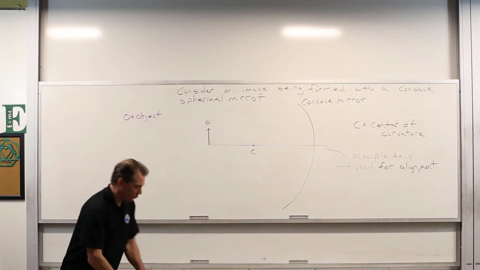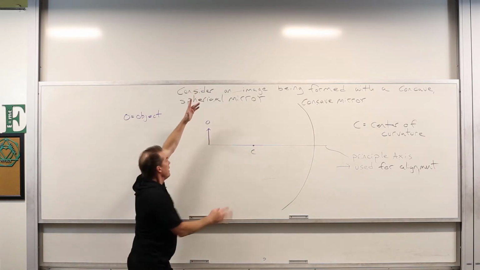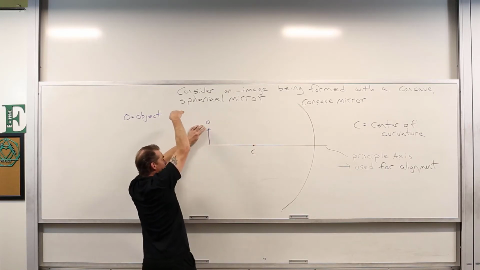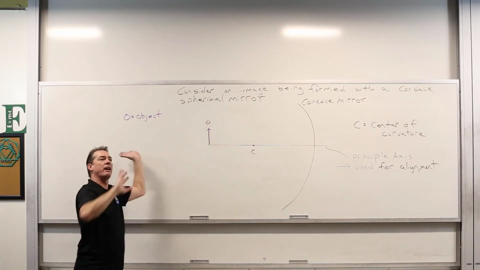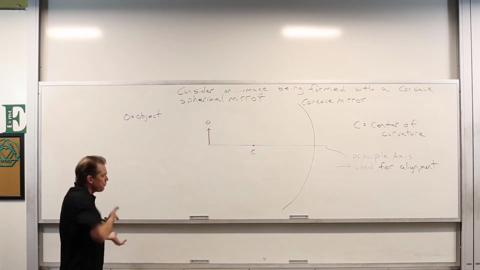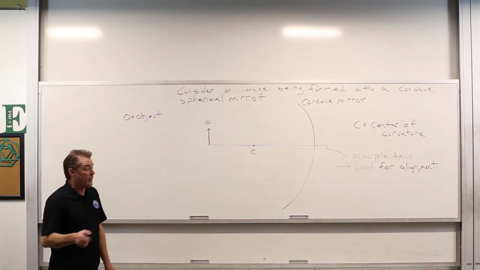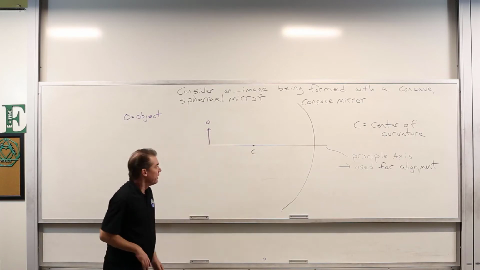What we want to note is light is emanating from this object. Within these bounds, light from the tip will interact with the mirror and reflect off in various different directions. But as long as we're along one of those reflected paths, we'll be able to see the image of the tip of this arrow.